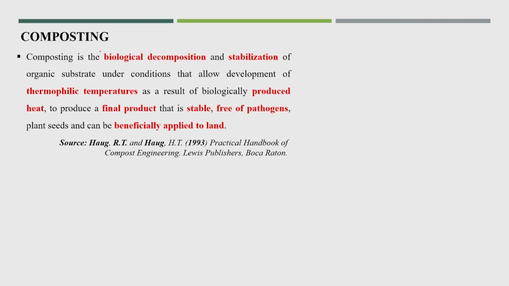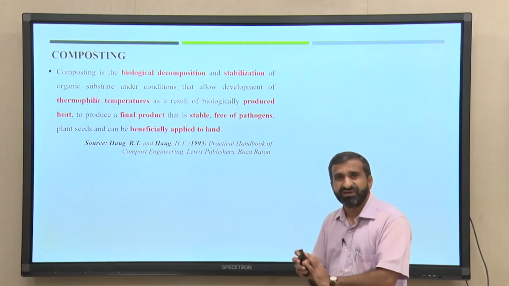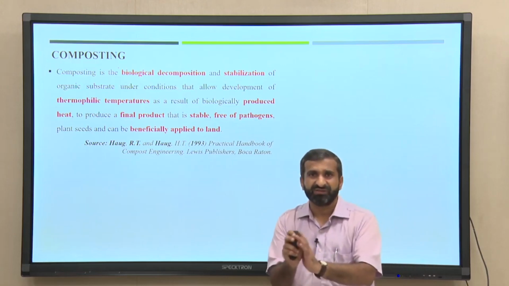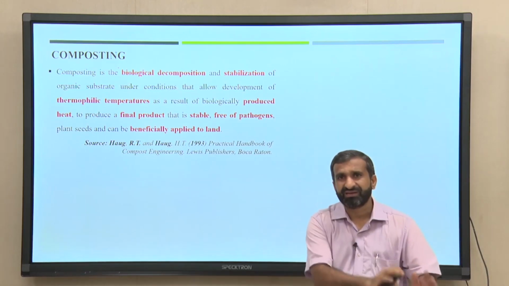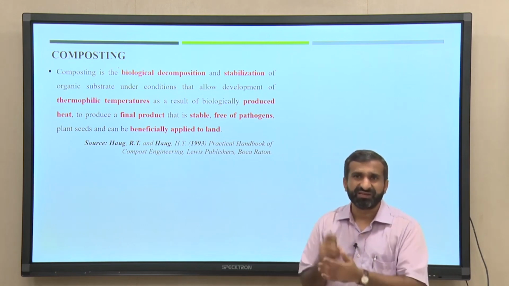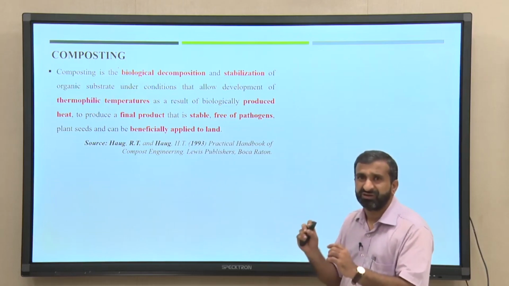Under conditions that allow development of thermophilic temperature, this is also a very important word. What do you mean by thermophilic? Thermophilic means a temperature of more than 45 degrees centigrade. Mesophilic is less than 45 degrees, and thermophilic is more than 45 degrees centigrade.